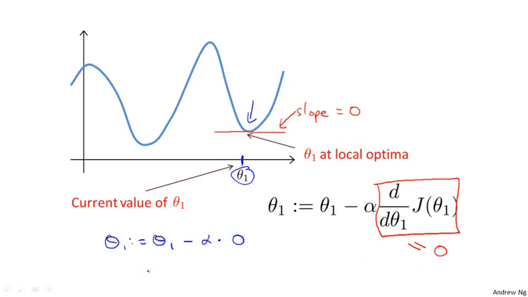And so what this means is that if you're already at the local optimum, it leaves theta 1 unchanged, because theta 1 gets updated to theta 1. So if your parameter is already at the local minimum, one step of gradient descent does absolutely nothing.